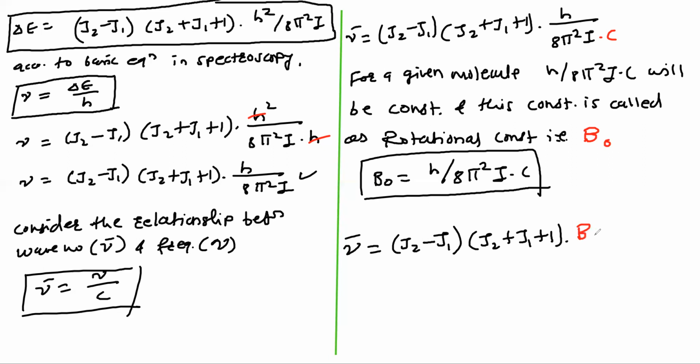B0 is your rotational constant. So this is the equation for rotational spectrum. Thank you very much.